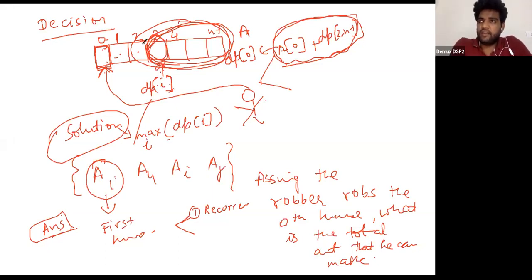And the definition of dp is that dp of I is, assuming that he always robs the ith house, what is the total money that he can make for house I to n minus 1. Did you get it?